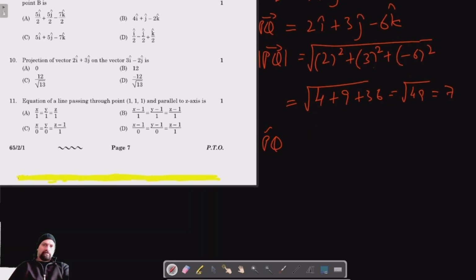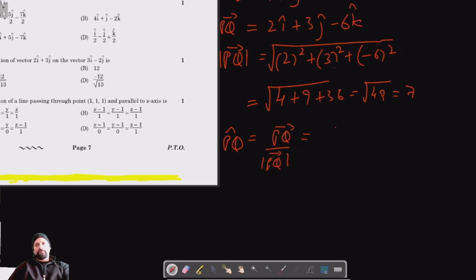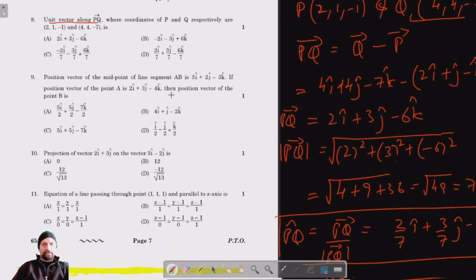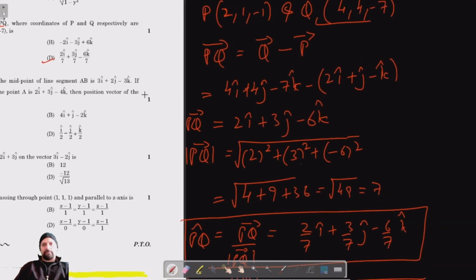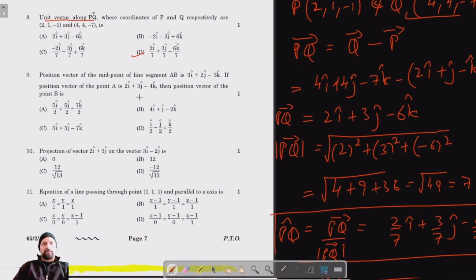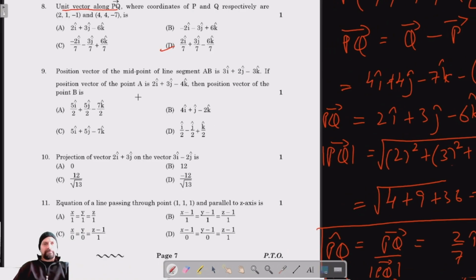Now the unit vector, we all know, is given by the vector divided by its magnitude. So it's 2 by 7 i cap plus 3 by 7 j cap minus 6 by 7 k cap. So this is our unit vector, and it matches with option D. Okay, let's move on to question number 9.